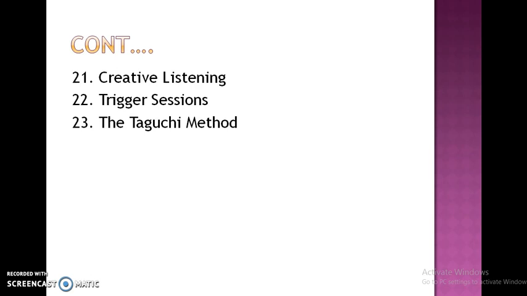People have to listen very carefully and constructively. Only by listening can they prevent themselves from repeating ideas and build from an idea they have heard. Furthermore, as the session progresses, group members produce more and more divergent ideas in order to stay in the game. So this follow-up phase is very simple. So this is about trigger session.